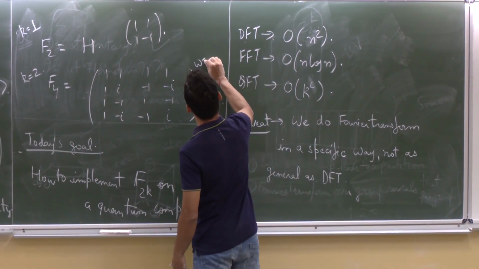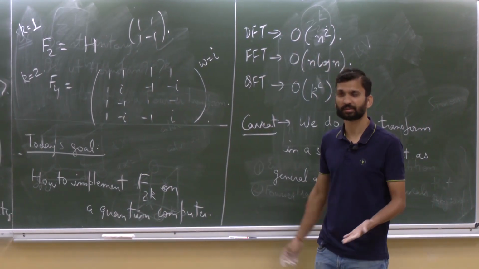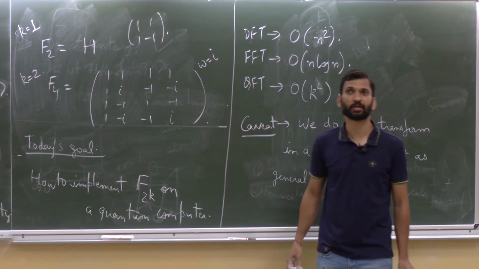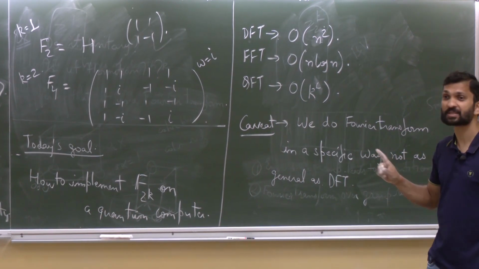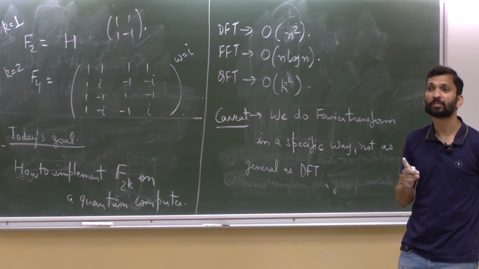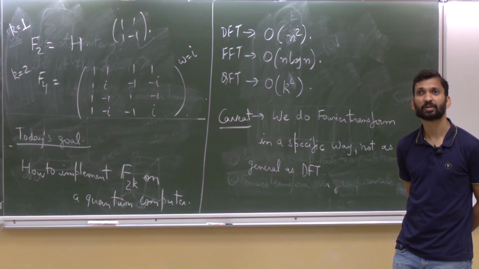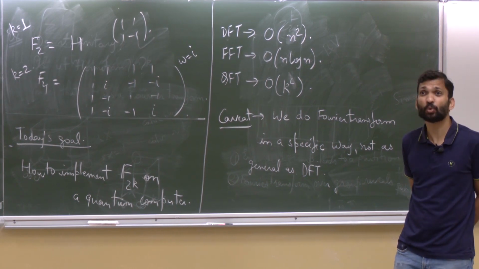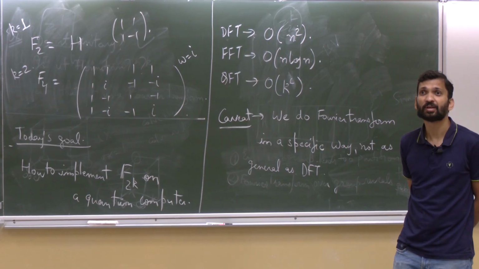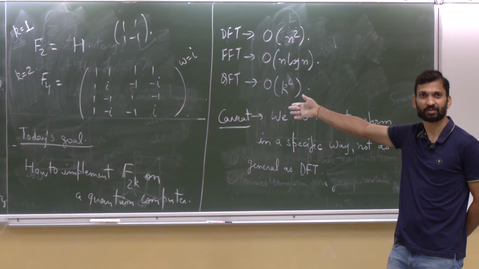F4, that means omega is complex i, right? I'm just writing down that Vandermonde matrix. Now, this is different from H square. Why is it different from H square? Yes, exactly. H only had what entries? Plus minus 1. Right? Now you have complex entries here.